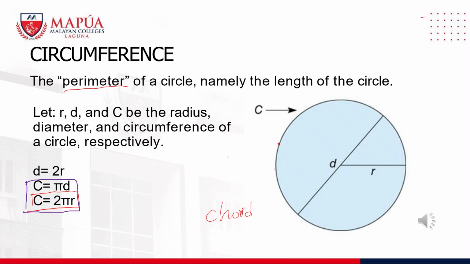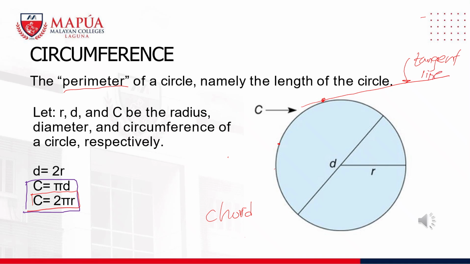I can draw it better here. So if this is the point of the circle, and there's a line passing through that point, intersecting at one point, this line, class, is called tangent line. This is tangent line.